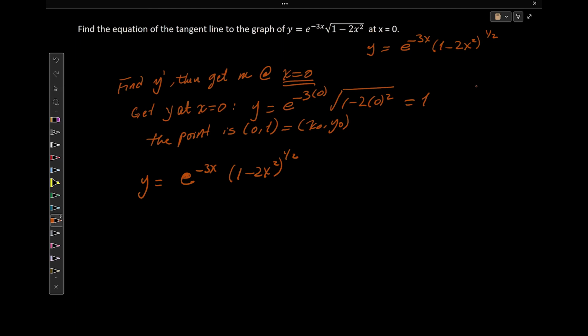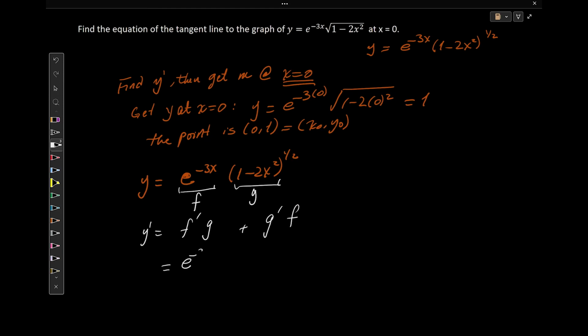Again, as I mentioned in the video about chain rule, we don't really see any chain rule here. The first thing we see are two functions multiplied, then we use the product rule. So y prime is f prime g plus g prime f, the definition of the product rule.